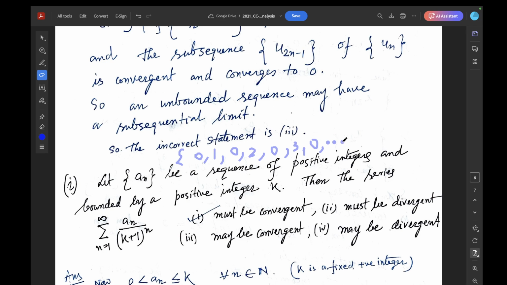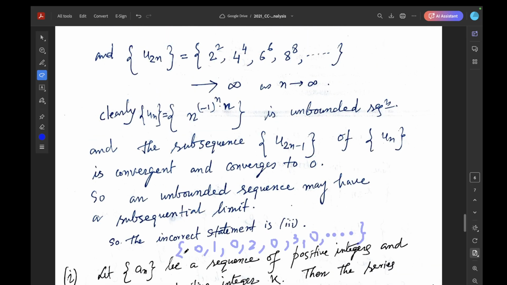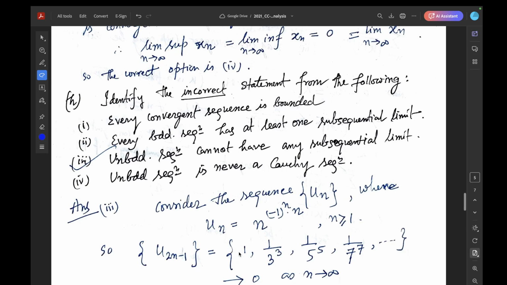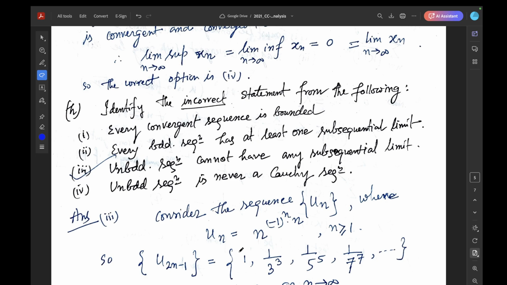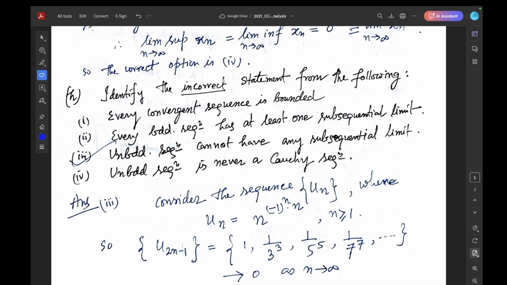For odd terms it is 0, and for even terms it is 1, 2, 3, 4, and so on. So this sequence is an unbounded sequence, but for the odd terms 0, 0, 0, 0, the subsequential limit tends to 0. So it is an unbounded sequence, but with subsequential limit 0. So the incorrect option is this.